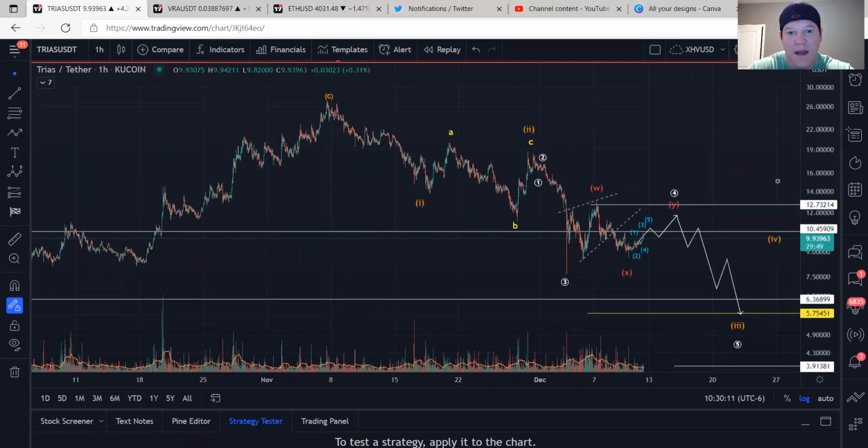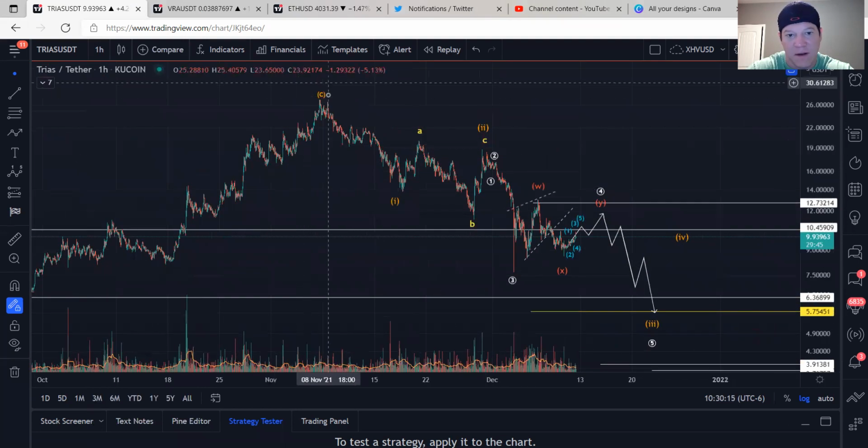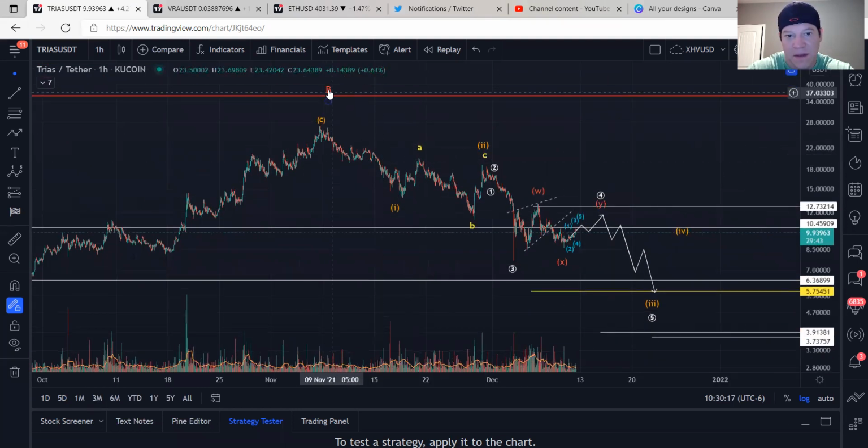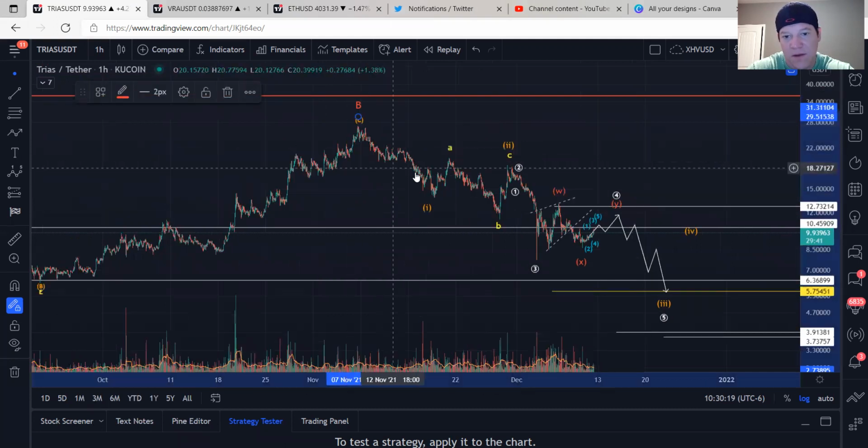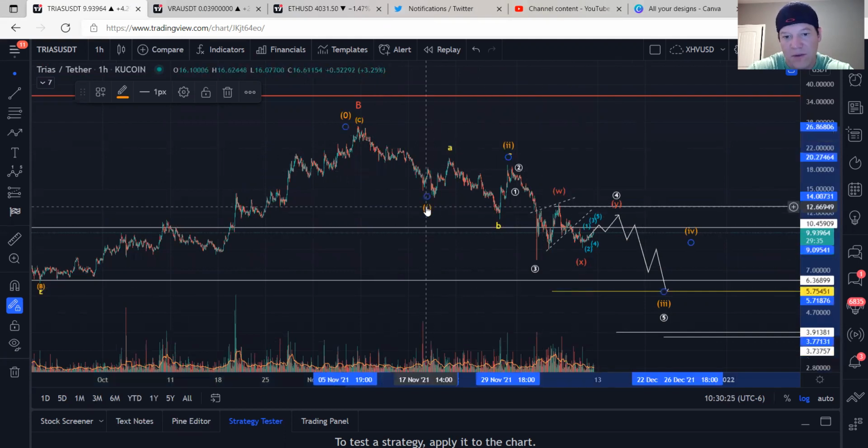All right, so I see this leg down from this C here, which happens to be the B wave, and then you'll have one final C wave down. I see this structure right now unfolding in 5 waves, which is the orange count. So you've got a 1, an A, B, C to make your 2, and then you have a sub-micro.